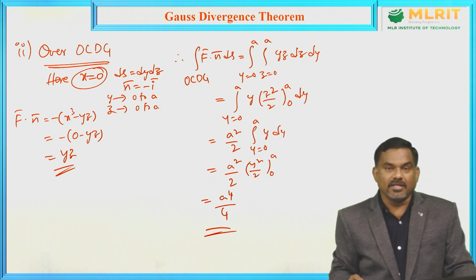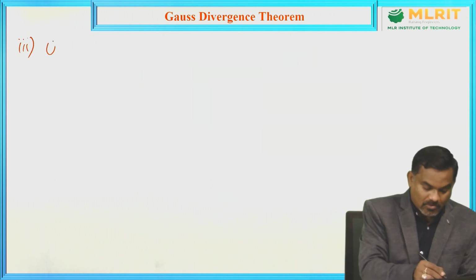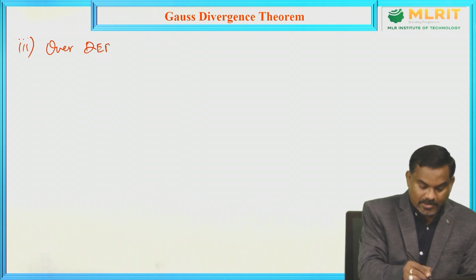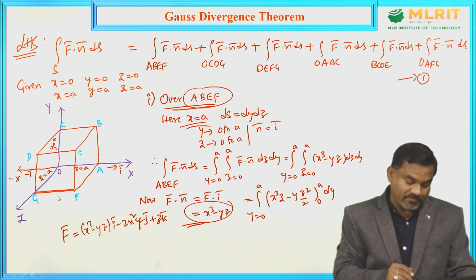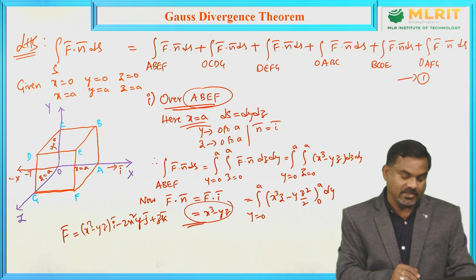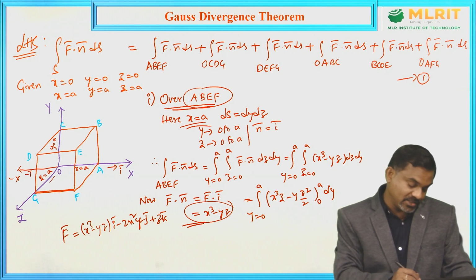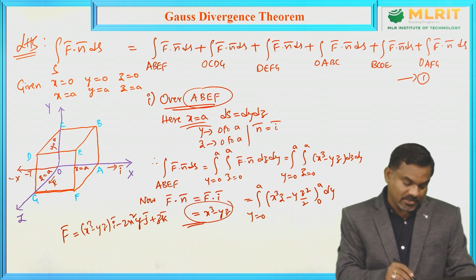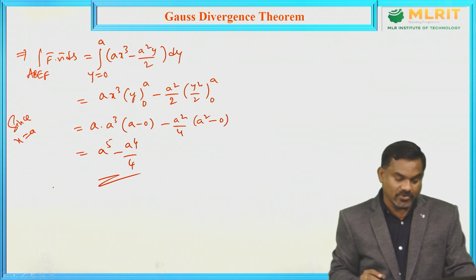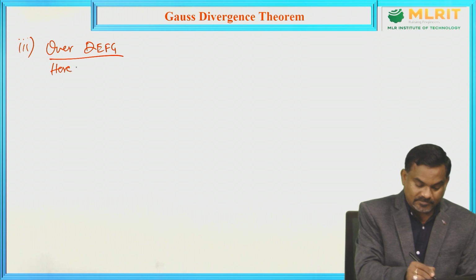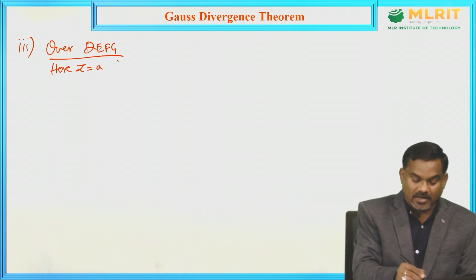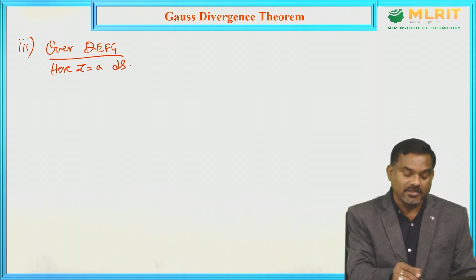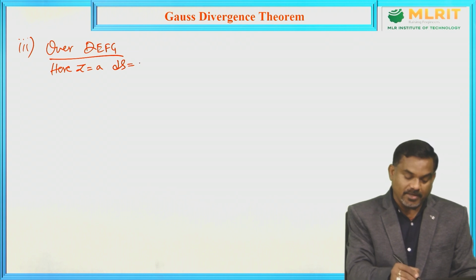Similarly, let us consider the third one. Over the face D, E, F, G. D, E, F, G. This face is on the Z axis and here the value of z is a, and along this the unit vector is k bar. So k bar is the outward drawn unit normal vector. So over the face D, E, F, G, z equal to a. Here z equal to a and ds, this plane is the xy plane.